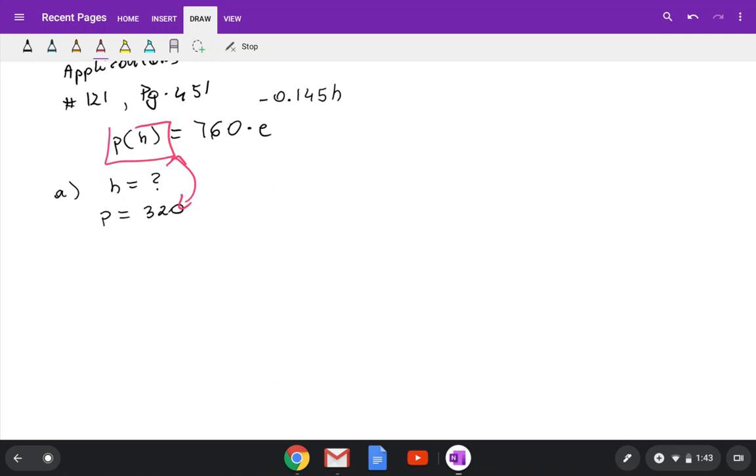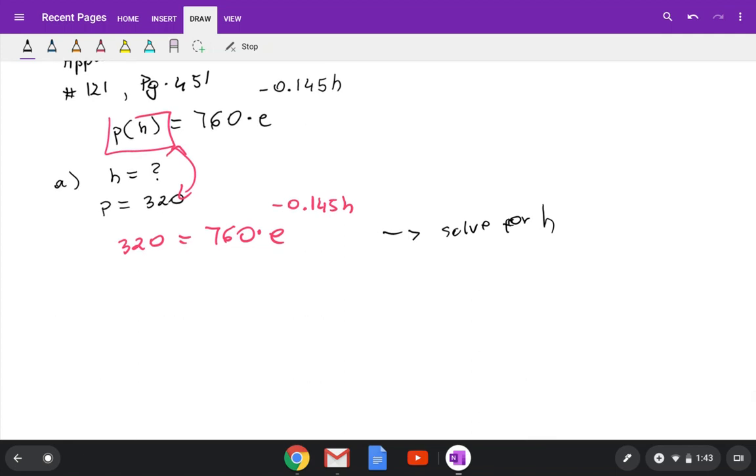So we have 320 equals 760 times e to the power of negative 0.145 h. You need to solve this equation for h. So how are we going to solve it? First of all, maybe let's switch the sides so you see better.